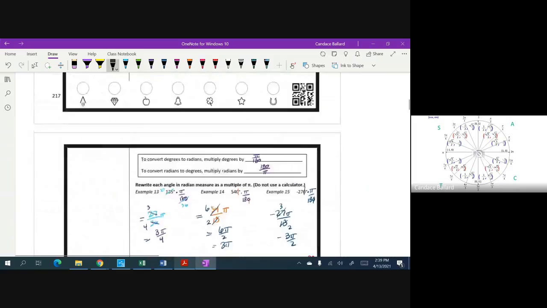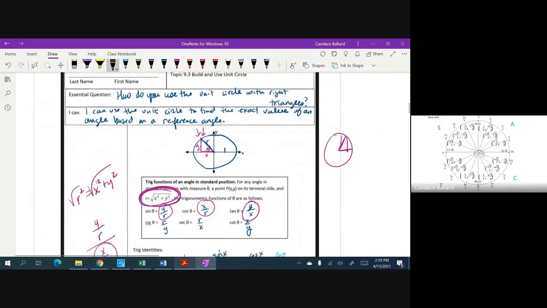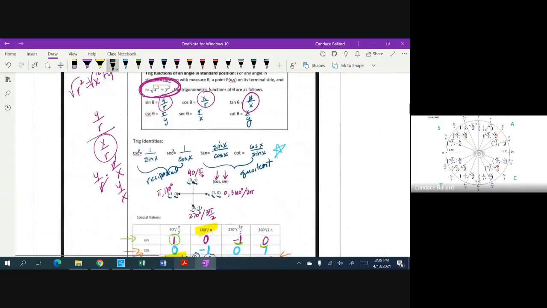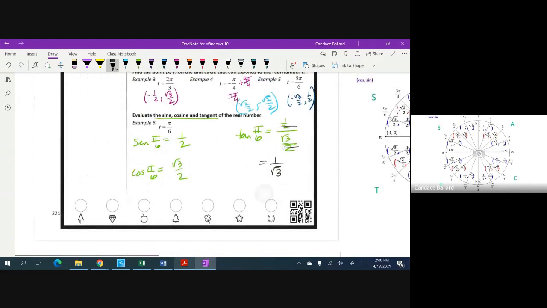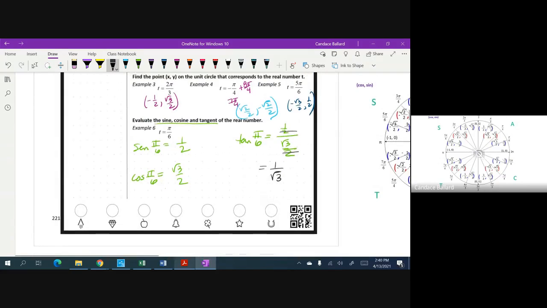It was in the 9-3. We wrote it. It's right here. Okay. And those ones, reciprocals kind of make sense to us. The quotient ones, you just have to remember. And you're going to use that sine over cosine one all the time. So you just got to know it.